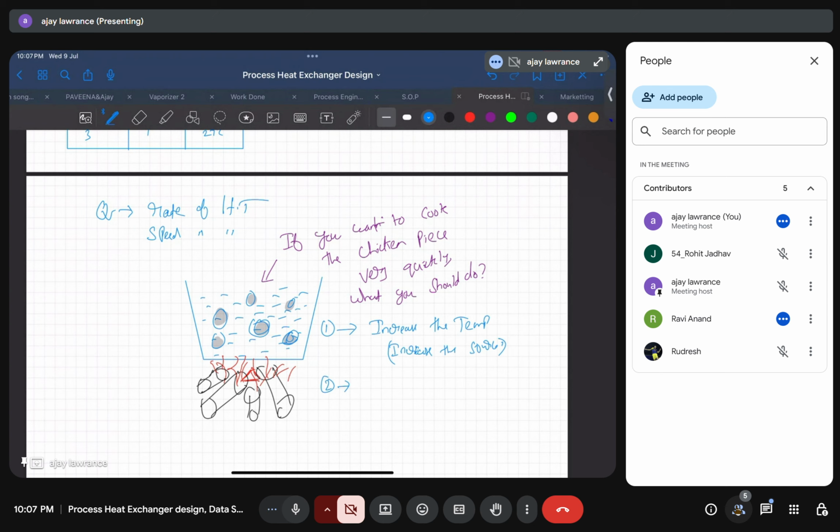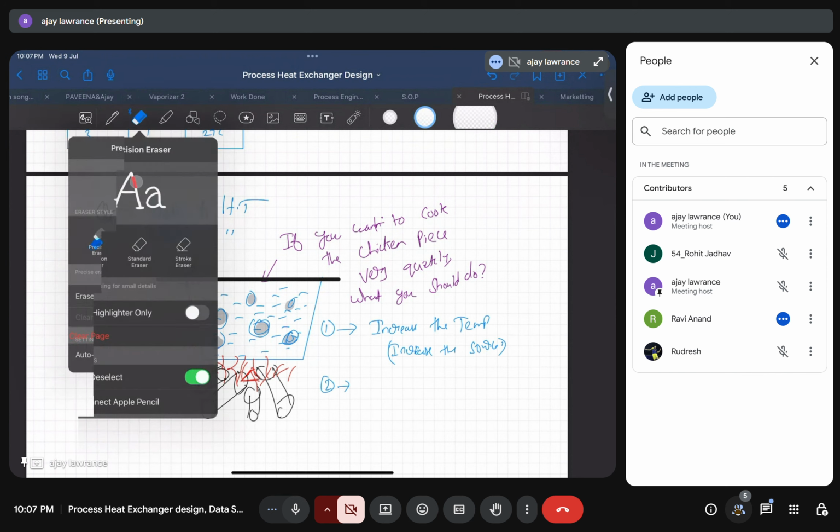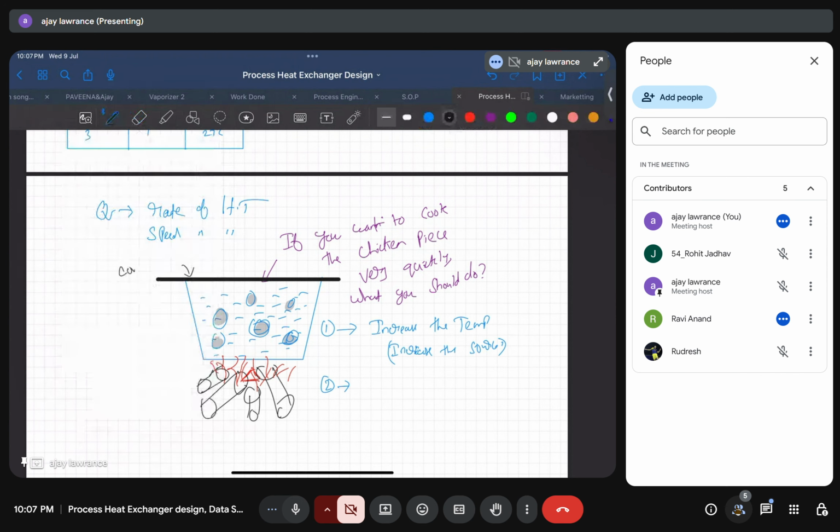Cover the vessel. Fine. That is out-of-the-box thinking actually, but covering the vessel will cook it.